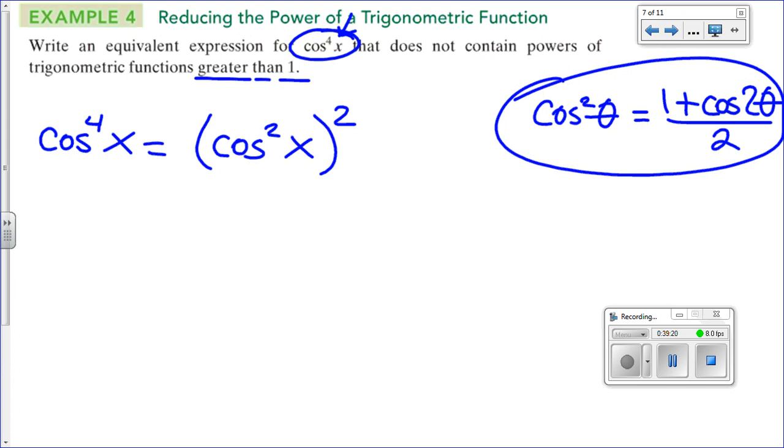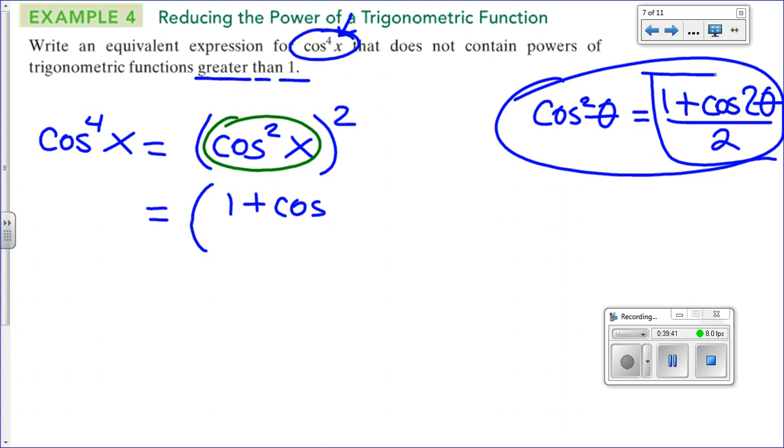So then when we talk about that, it's going to look like this: 1 plus cosine. We're going to work it from the inside out. So right now, just try to focus on what's in here. And we're going to substitute it by using this formula. So it will be 1 plus, instead of 2 theta, we'll have 2x, and then on the bottom, we'll have just a 2.